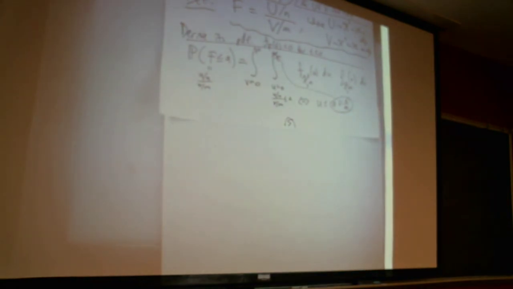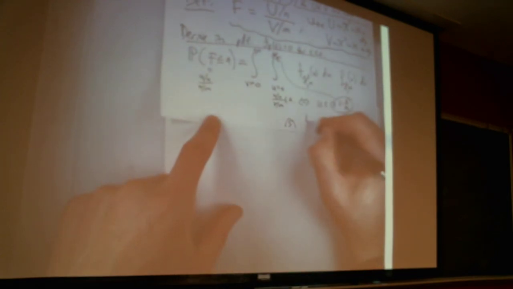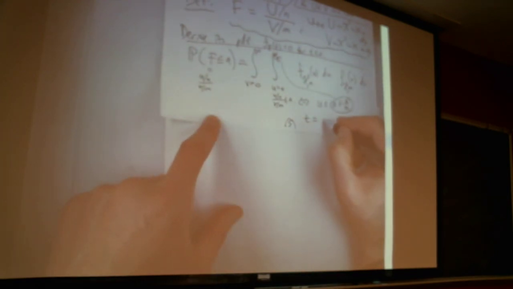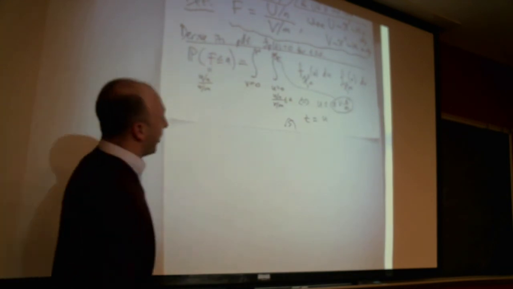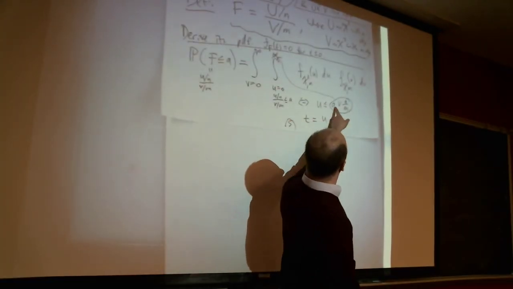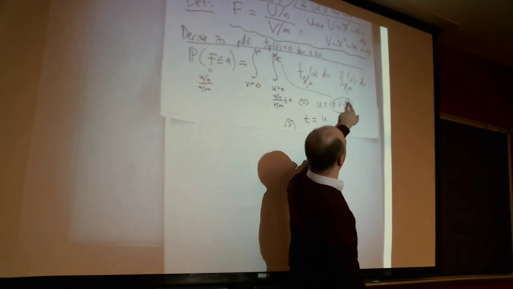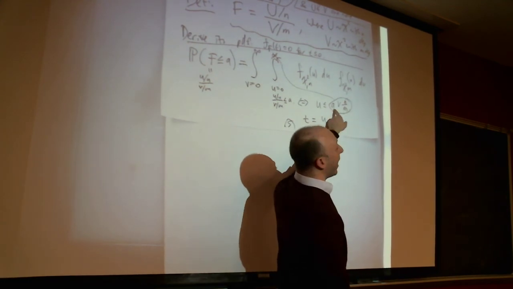All right. So what is this? We're going to make a change of variables. Let's make a new variable. What should I call this variable? T. Okay, so T will be equal to u times something, or maybe divided by something, with the property that instead of going up to a times v over n m, it's just going to go up to a.